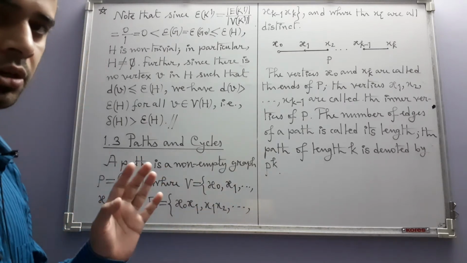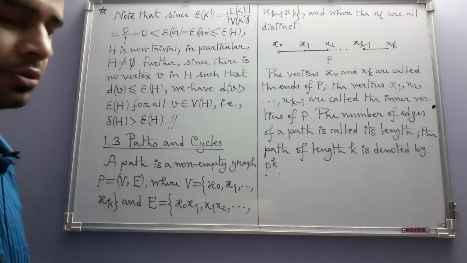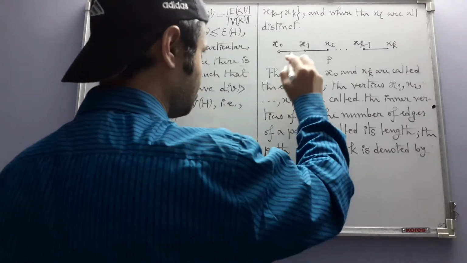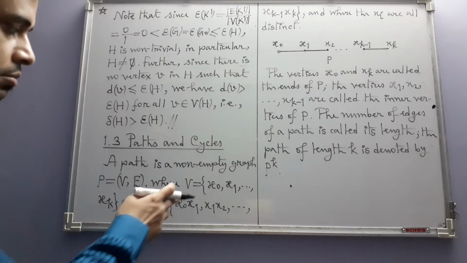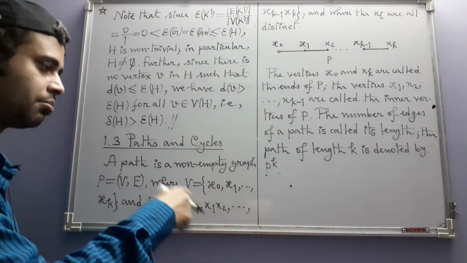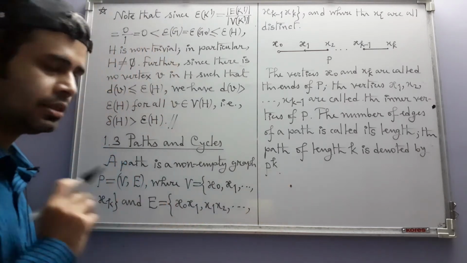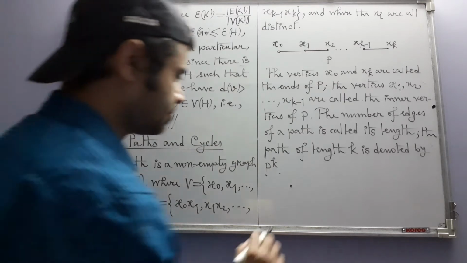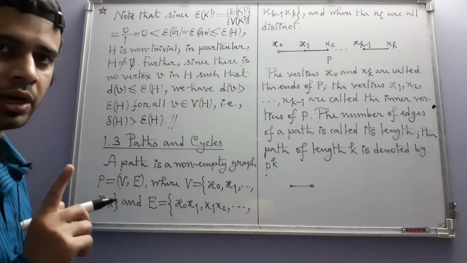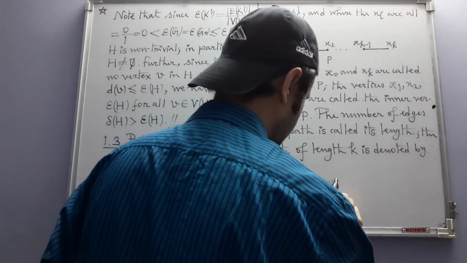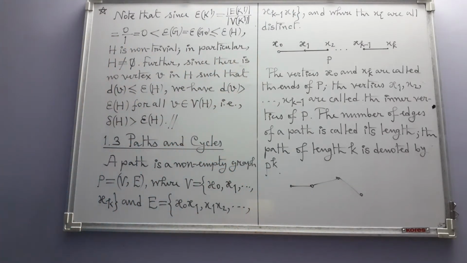That is the only restriction on V. V can have exactly one point also, in which case the path just looks like this, a single vertex. That is also one extreme case, but by definition that is a path whose length is 0 because there is no edge. If you have a path like this, then it's a path of length 1, there is only one edge. This is a path of length 2, this is a path of length 3, and so on.